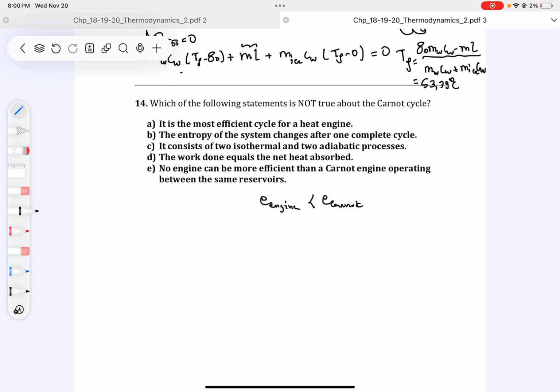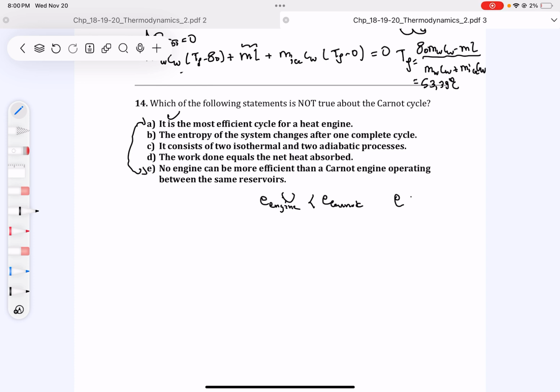And no engine can be more efficient than a Carnot engine operating between the same two reservoirs. That's also true.